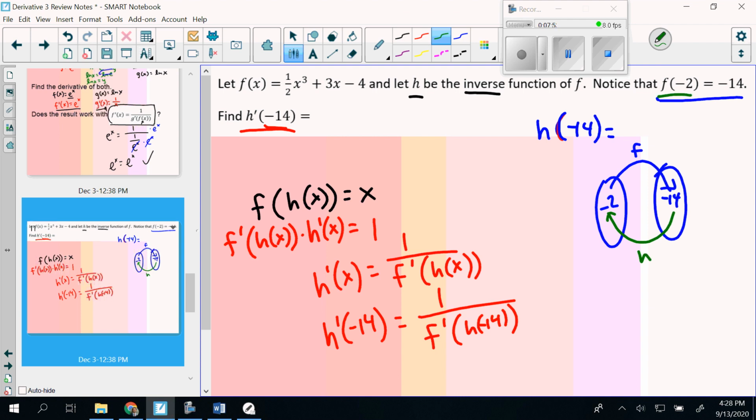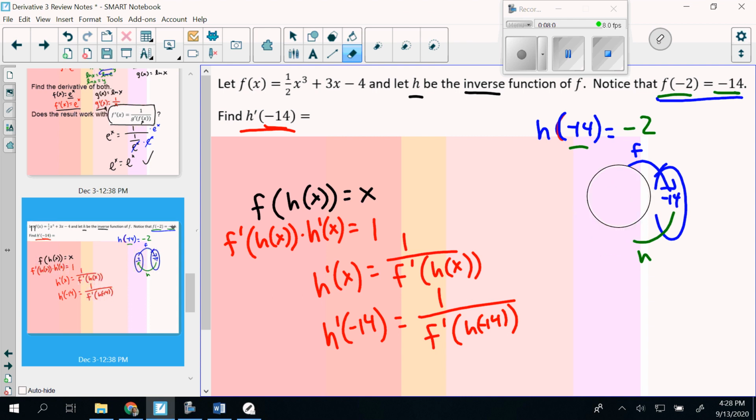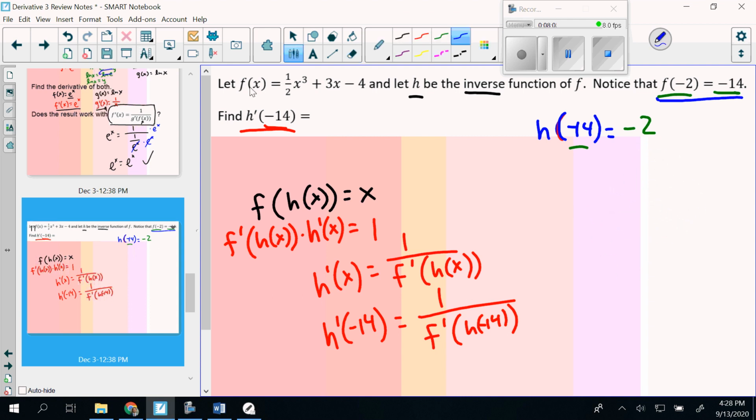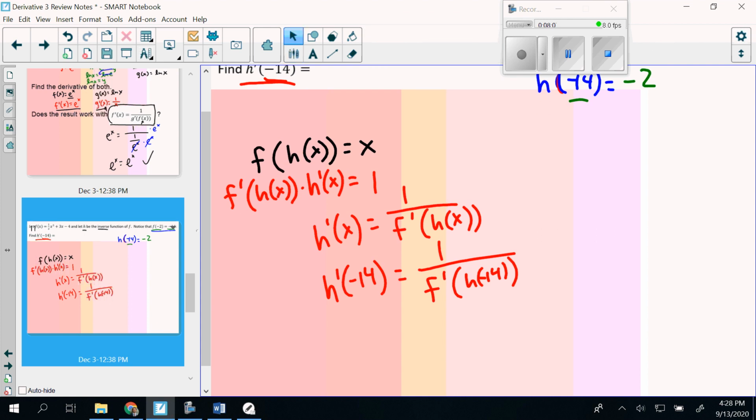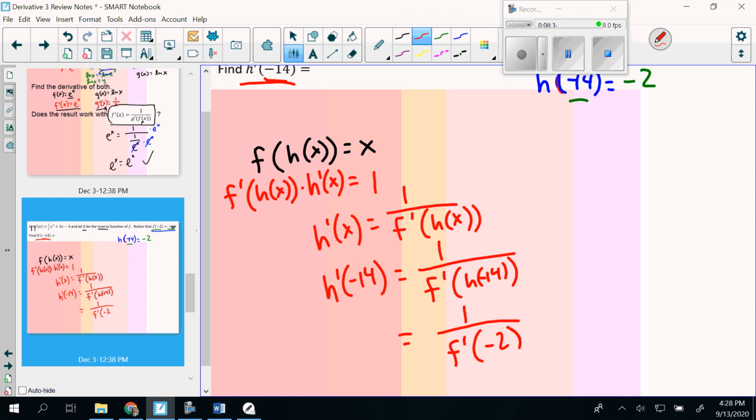So if f at -2 equals -14, then h at -14 here should equal -2. Now, since we know that, we should be able to plug that in for our statement down here, and that gets us a little bit closer. So now we know that this is going to be f prime at -2, because h at -14 equals -2.